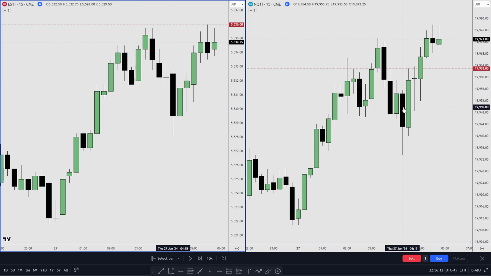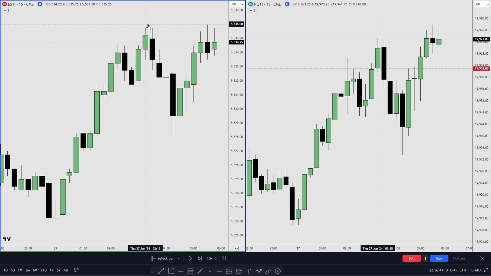Similar to NQ, we have the confirmation down here at 4:15. So by right, if I am just following my model, I would have taken a short at this up close candle. I'll treat it as an order block, in a way whereby NQ has taken out Asia's high, whereas ES has failed to do so.